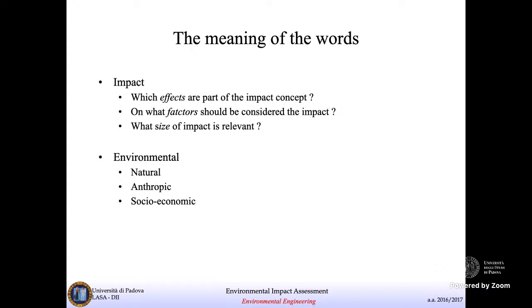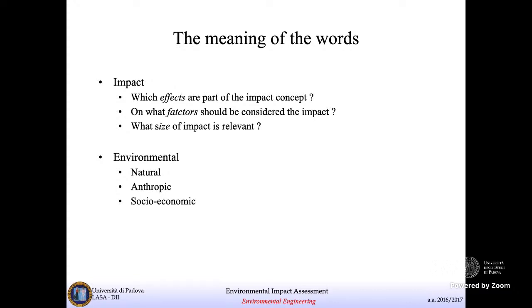First of all, we shall focus on the term impact. Impact refers to what effects are part of the impact concept, and on what factors. You may recall we have introduced environmental factors. What factors should be considered in the impact evaluation? What size of impact is really relevant? You may understand that all these questions may have very subjective answers, so we may not find a universal answer.